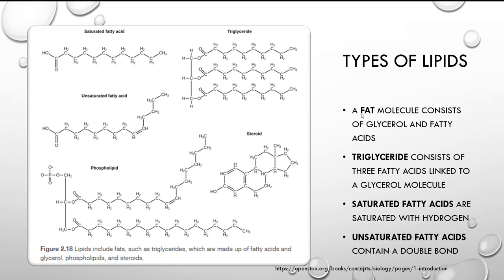When we have a fat, it is composed of a glycerol and fatty acids. In this case, a triglyceride consists of 3 fatty acids, 1, 2, 3, with a glycerol. And you can see that it's basically just a bunch of carbons and hydrogens, hydrocarbons everywhere, and just a few oxygens spread in there.